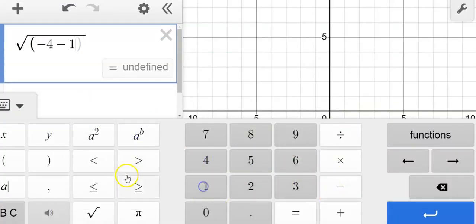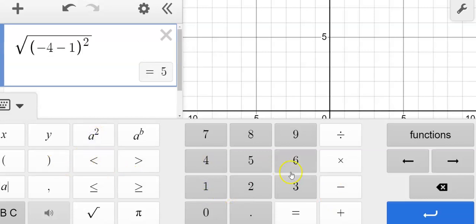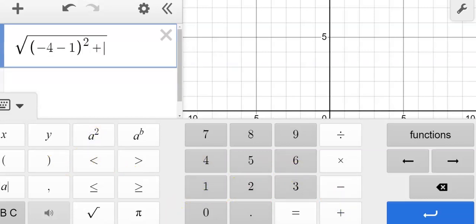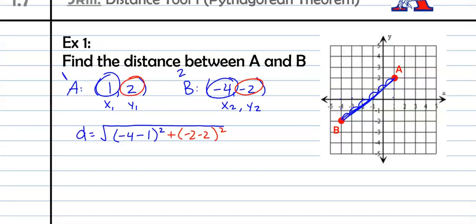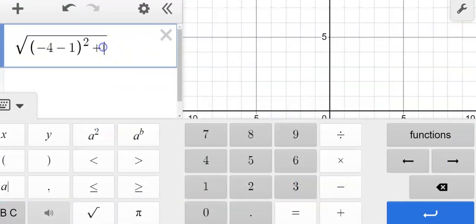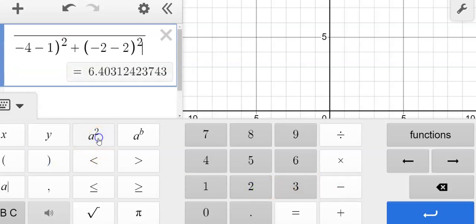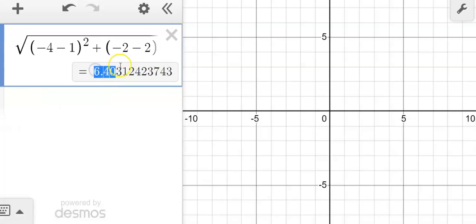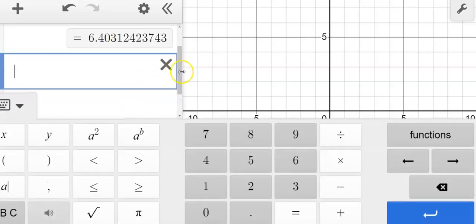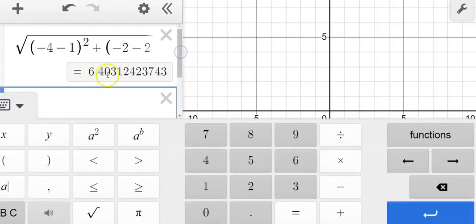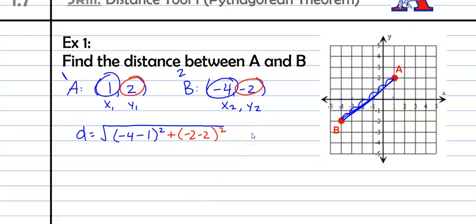You can just use the minus sign for both of them. It doesn't matter. Square it. Plus, and then what was it? It was -2 minus 2. And square that. And there is our answer, 6.40, which is exactly what it was when we used the other tool, the Pythagorean theorem. So we're right on there, 6.40 as our final answer.